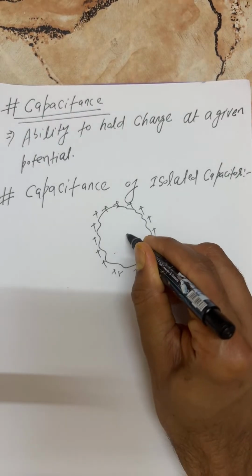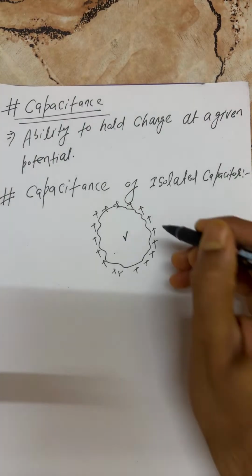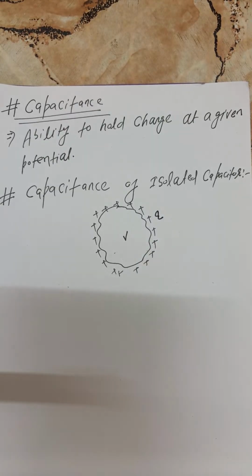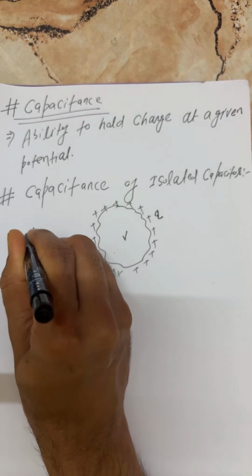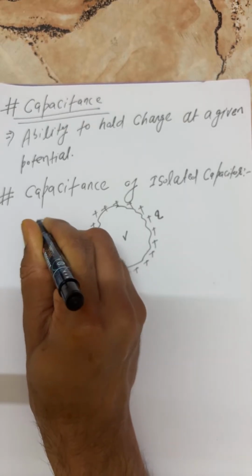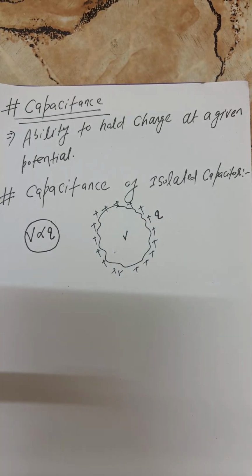So let us suppose V is the potential of this conducting surface. What is the charge given by you? That is Q. So here one thing is very much clear, students. You can say, potential is directly proportional to magnitude of charge, right?